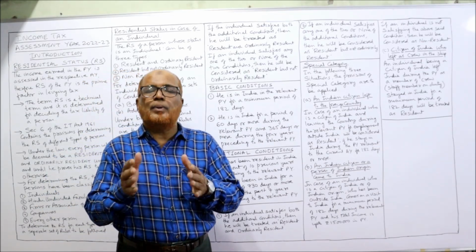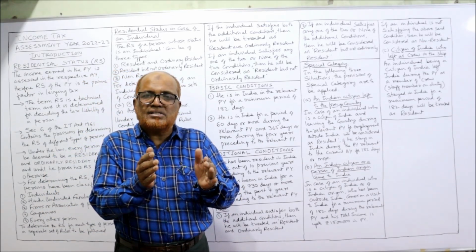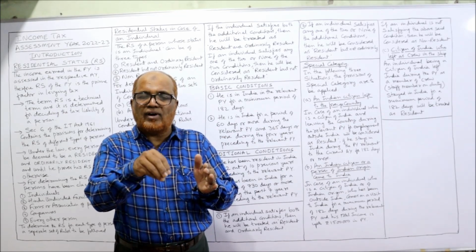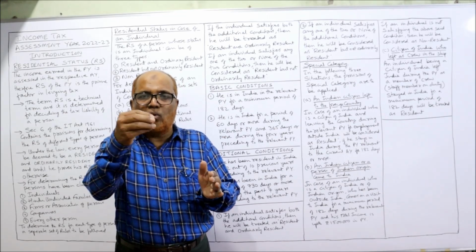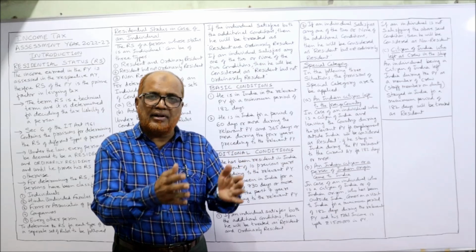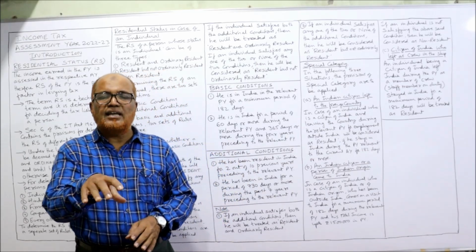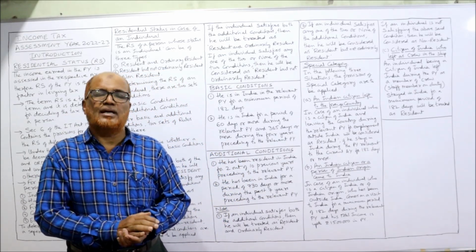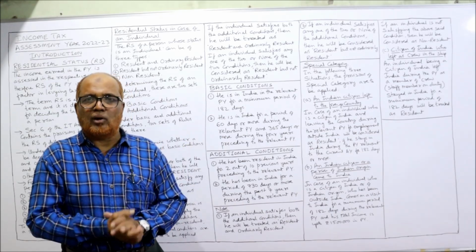For these crew people also, during the previous year, if they stay in India for 182 days or more, then only they will be treated as resident. If their stay in India is less than 182 days, they will be treated as non-resident.